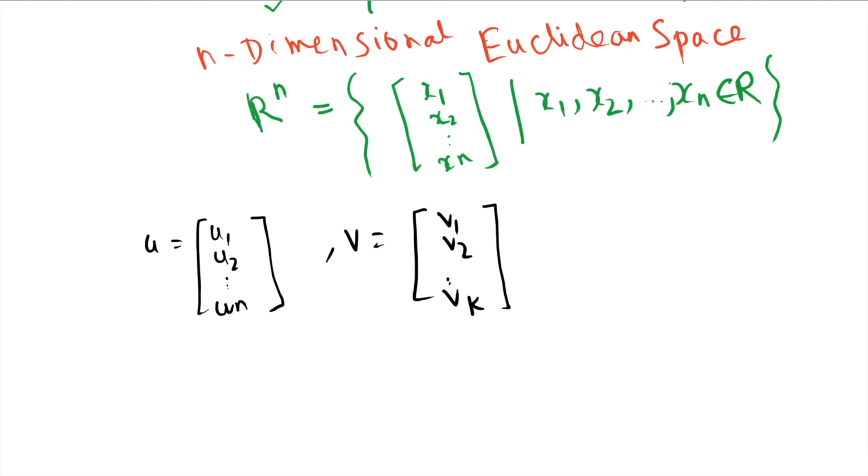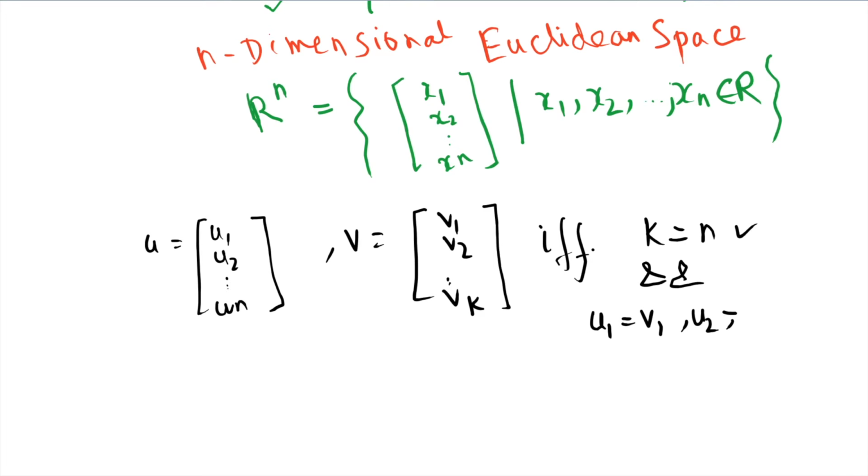They are equal if and only if k equals n, that is, the number of elements in u and v have to be equal, and both conditions have to be true. The next condition is that u1 equals v1, u2 equals v2, and un equals vn. Basically, the respective elements of both vectors u and v have to be equal.